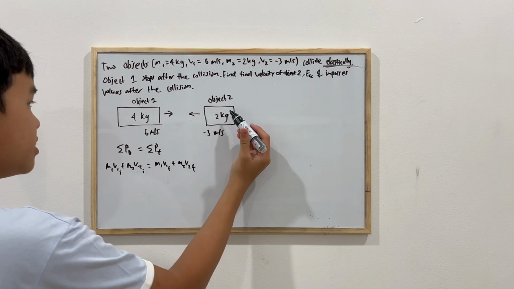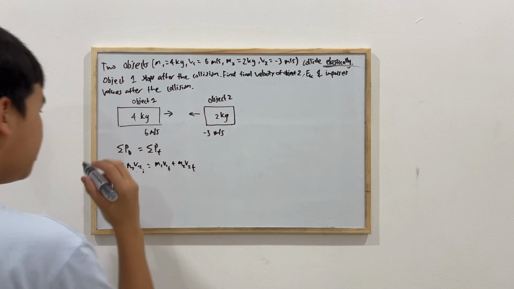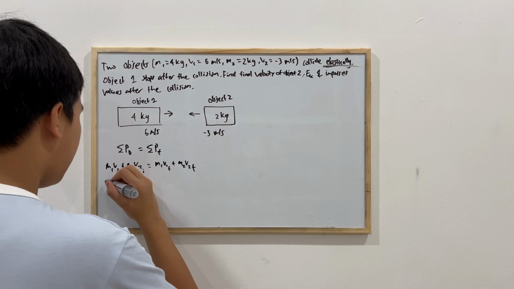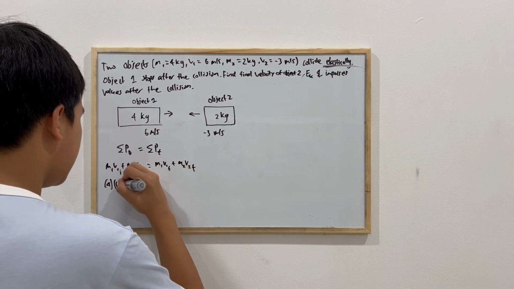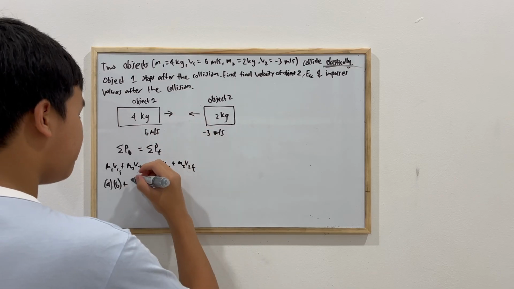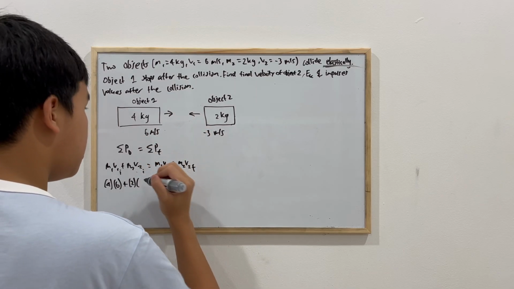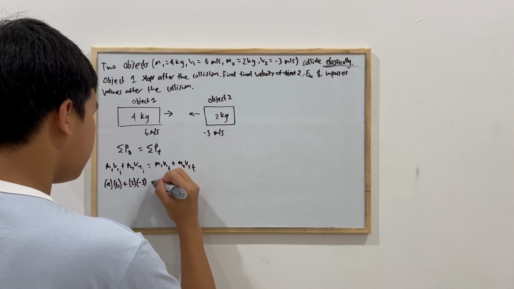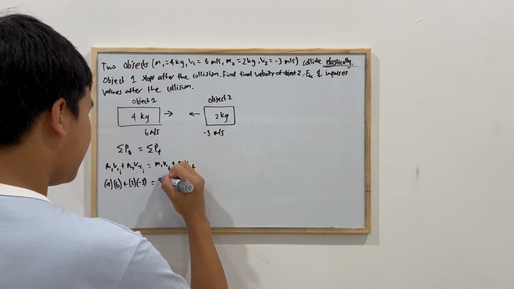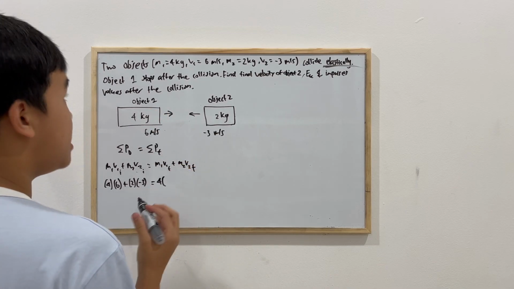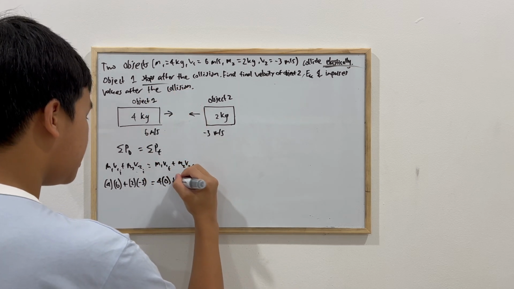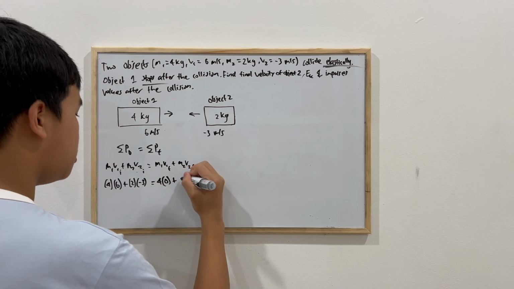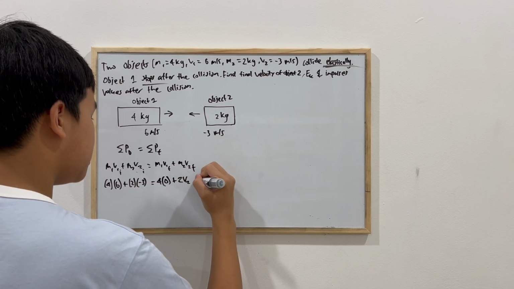To solve for the second velocity, we just have to plug in some values. So the mass of object 1 is 4, the initial velocity is 6, plus the mass of object 2 is 2, the velocity is negative 3. The mass stays the same, and since it stops after collision, which means it has 0 velocity, plus the mass of object 2, which is 2, and then the velocity value that we don't know.